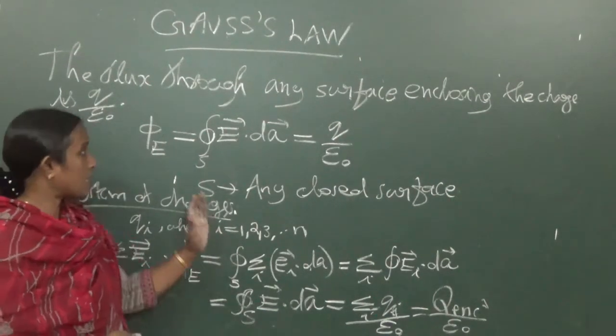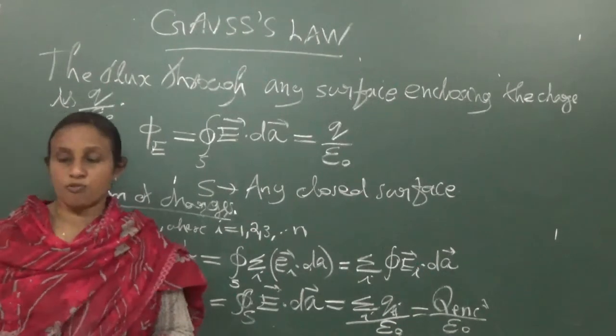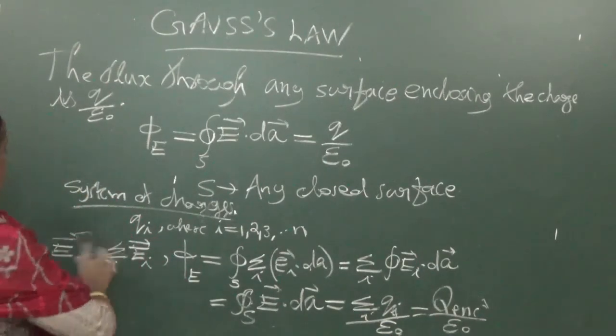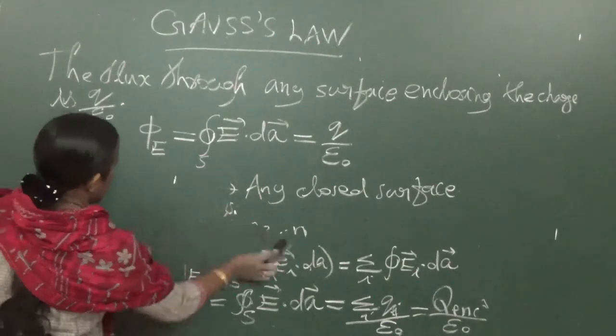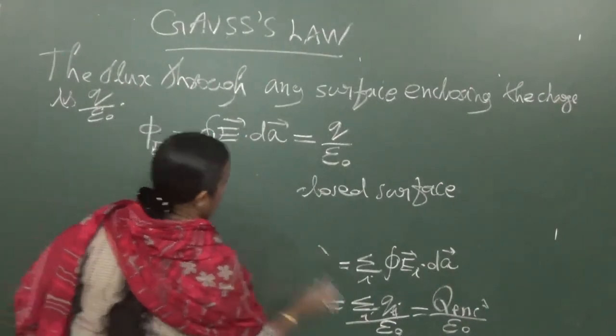Now, you can write this Gauss law in the form of a differential equation. This is the differential form of Gauss law.